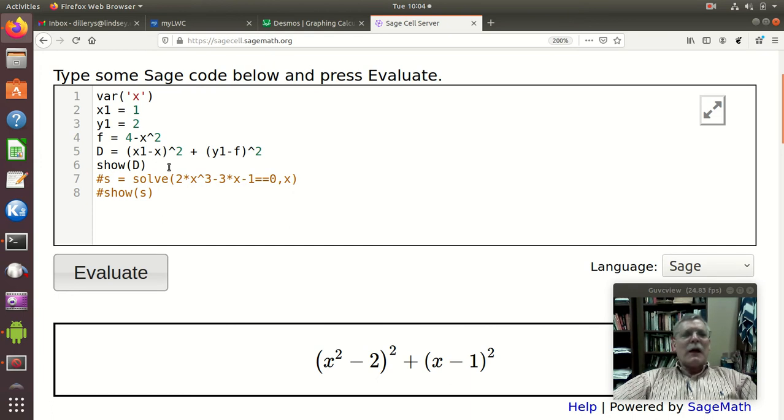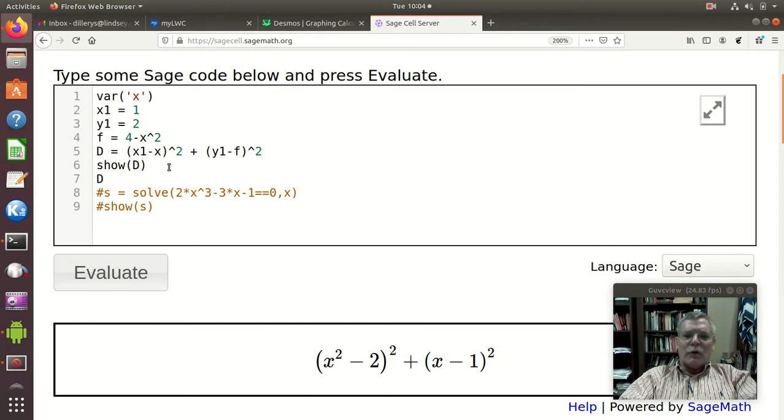Okay, so now I need the derivative. So I'm going to call it dp for D prime equals, and I'm just going to say D dot diff, and if I ever get any of these commands wrong, I'll go try to look them up, but I think it's just diff for differentiate, and I had to tell it with respect to x.